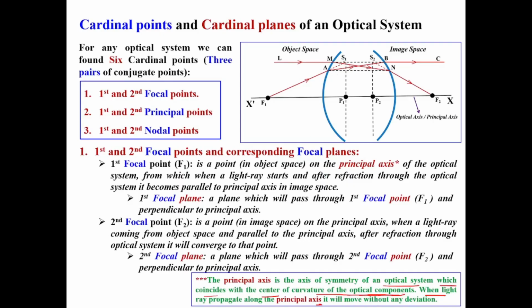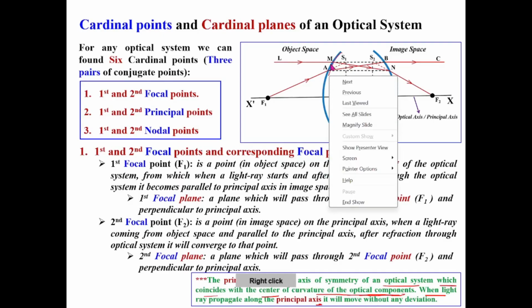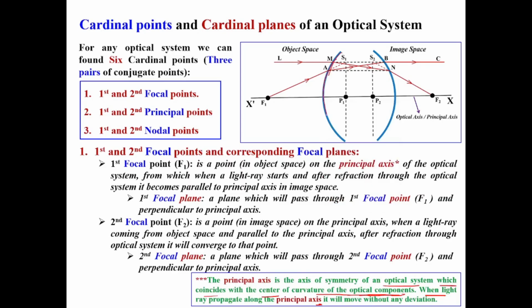So here you can see one convex surface on this side and a concave surface on this side. Suppose its center of curvature is here, and the other center of curvature is here.